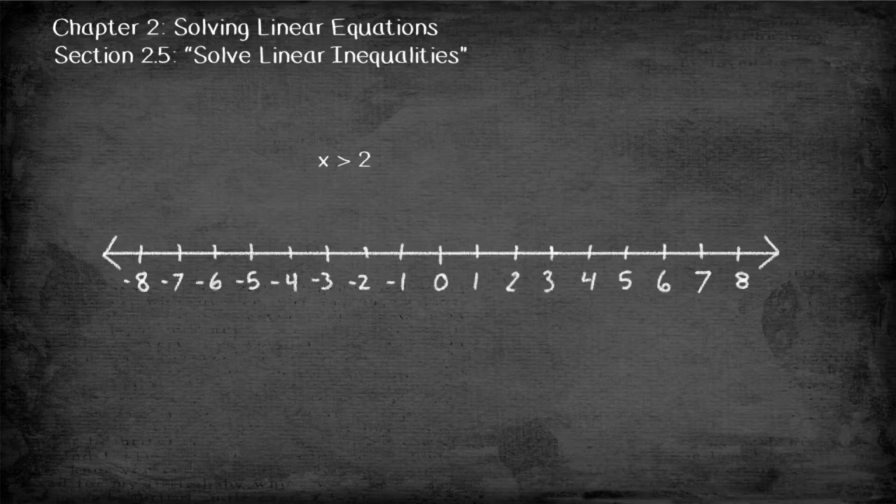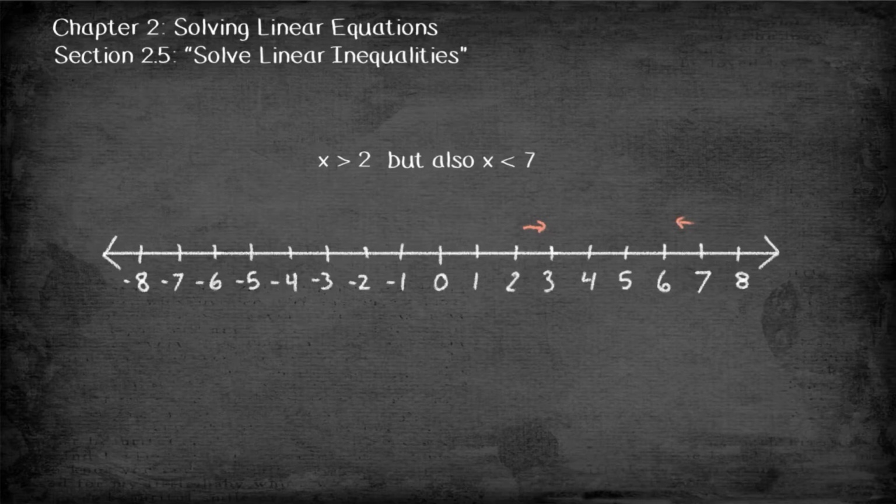All right, let's suppose we had the inequality x greater than 2, and a second inequality saying that x is also less than 7. So x should be to the right of 2, but to the left of 7.